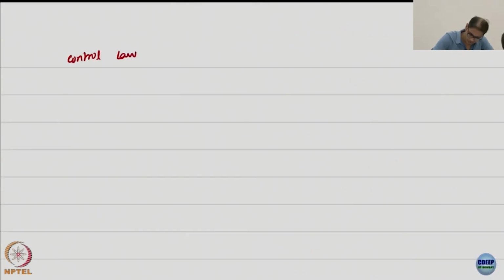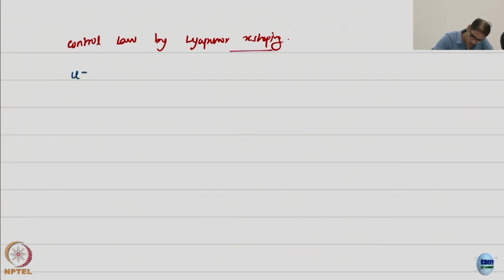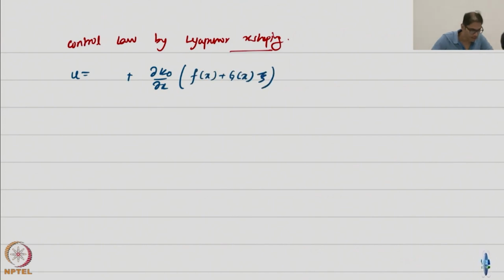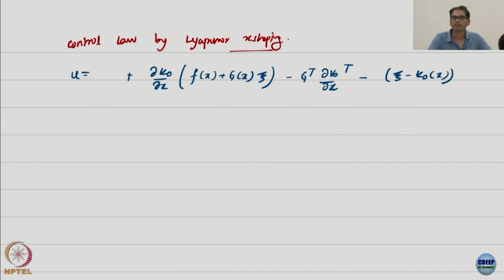Control law by Lyapunov reshaping is u equal to, so I basically cancel, plus del k0 del x fx plus gx psi, which cancels the first term, then I cancel the second term, and then I introduce the last term.